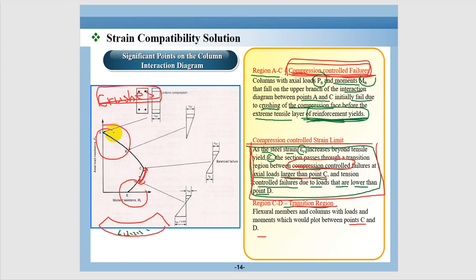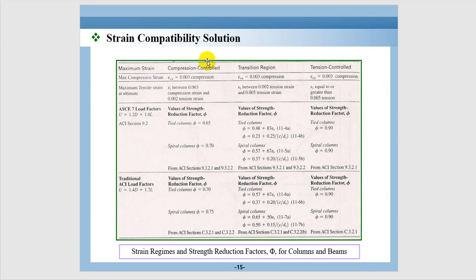The phi factor changes depending on the regime or region that we are designing for. For example, in compression control regions, we use 0.65 for tied columns and 0.70 for spiral columns, whereas the phi factor increases to 0.9 for both tied and spiral columns when you are designing columns in the tension controlled region.